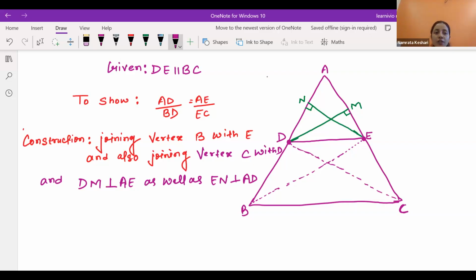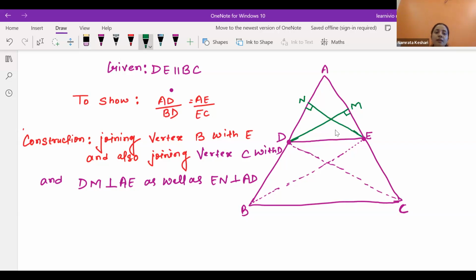How will you start, how will you recall? You will focus on the numerator part of the proof, that is AD. The numerator is AD, that means we need to take such a triangle and find the area so that AD must come.